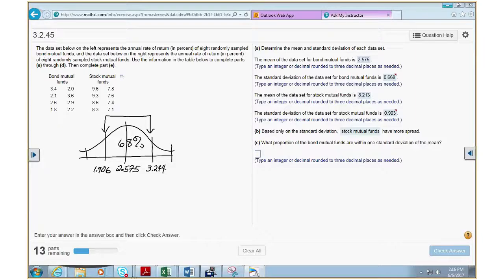I don't know what you're actually asking for. What proportion of the bond mutual funds? 68%. But it says round decimals. That whole problem, all 15 parts of it, is like that. And it's different. But I don't know what they're asking for.